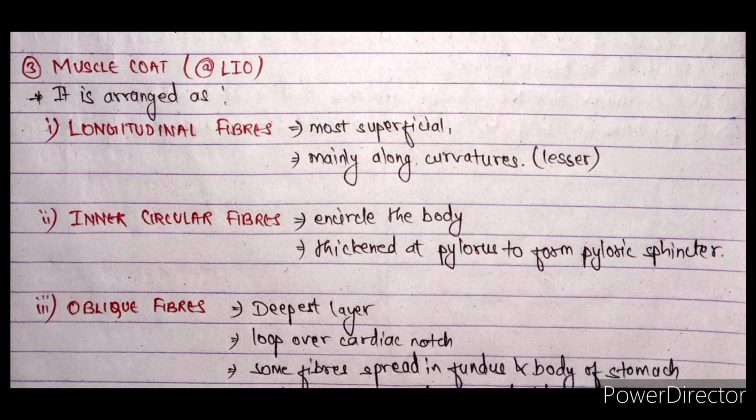The longitudinal fibers are the most superficial and mainly along the curvatures, especially the lesser curvature. The inner circular fibers encircle the body and are thickened at pylorus to form the pyloric sphincter.